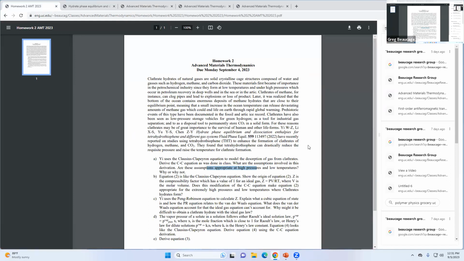Then B uses this compressibility factor. For B, they want you just to derive that with the compressibility factor in it.